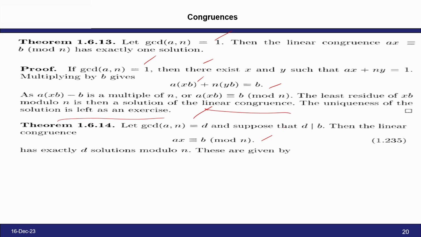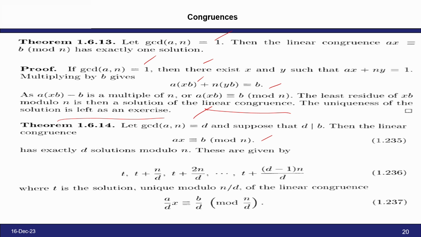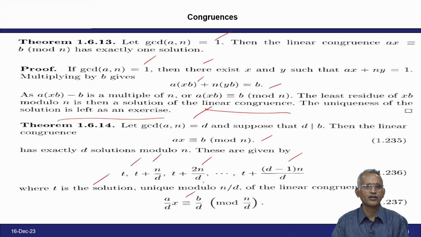These are all given by t, t plus n by d, t plus 2n by d, and so on, up to t plus d minus 1 into n by d, where t is the unique solution modulo n by d of the linear congruence a by d into x congruent to b by d under modulo n by d.